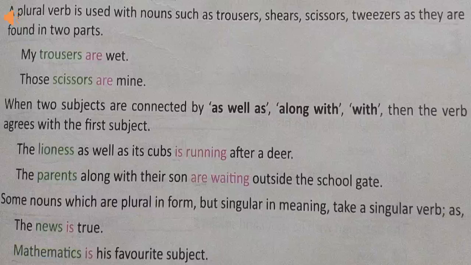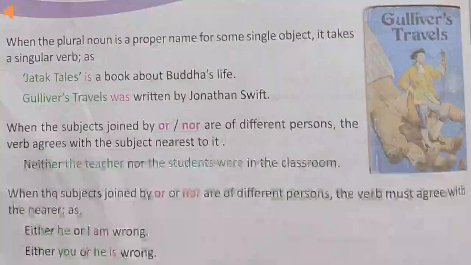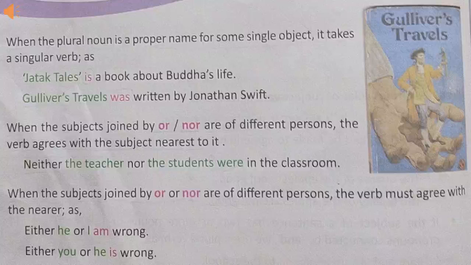Students, there are a few nouns which are plural in form, but in meaning they are singular. With these kinds of nouns, we use a singular verb. For example, the news is true. Mathematics is his favorite subject. In these sentences, news, mathematics, these nouns are singular in meaning, so we have used a singular verb. When the plural noun is a proper name for some single object or some collective unit, then it requires a singular verb.